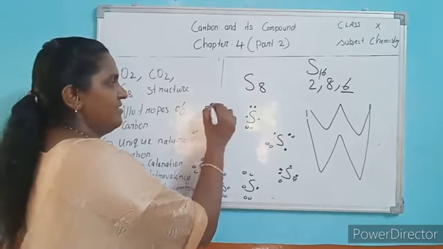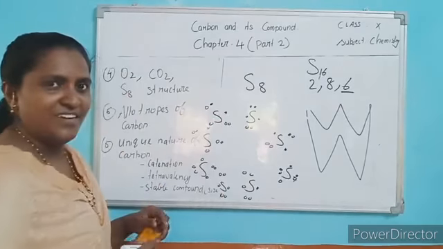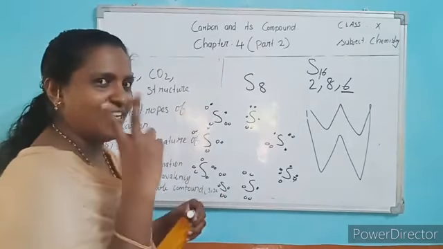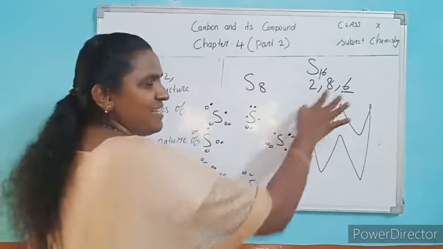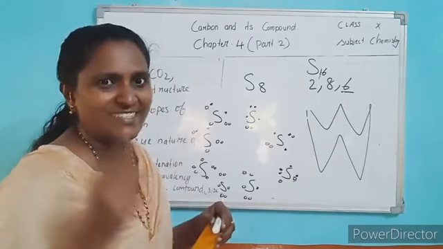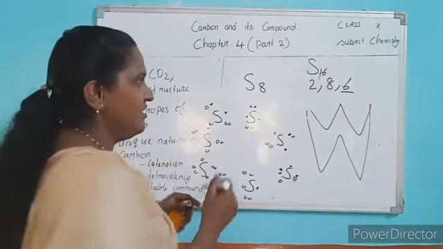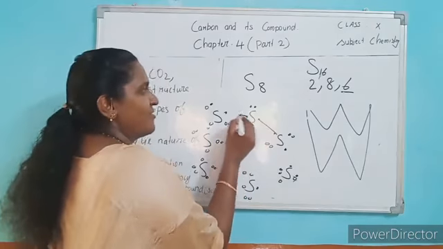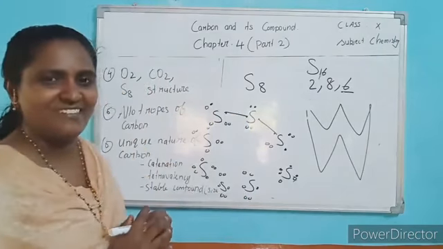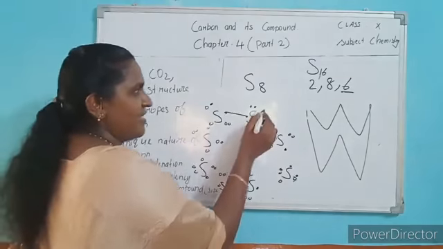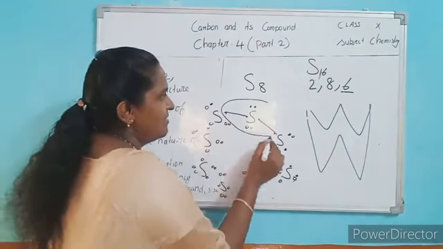Okay? Now what do they do? Each sulfur needs 2 electrons to be stable, no? Because 6 is there, it needs 2 more electrons to attain octet. To get 8 electrons, it needs 2 more electrons, isn't it? So here one sulfur, here one sulfur, they will share. So this sulfur, how many electrons now? 8 electrons.